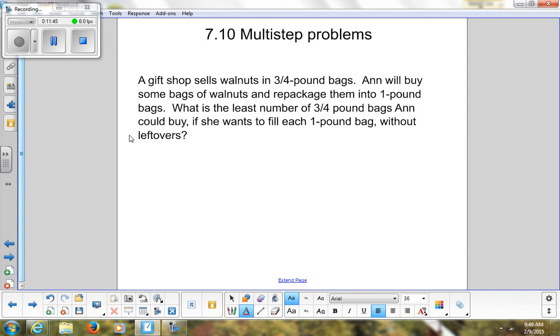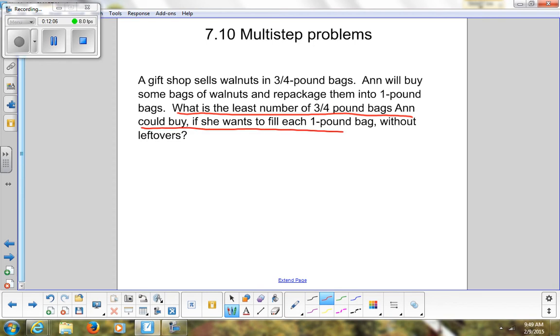What is it asking us to find out? That's one thing you really have to make sure you understand when you're reading a word problem. What are you supposed to find out? How much you could buy without leftovers? What is the least number of 3/4 pound bags Anne could buy if she wants to fill each 1 pound bag without leftovers?